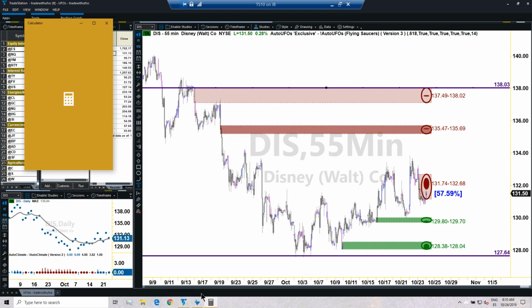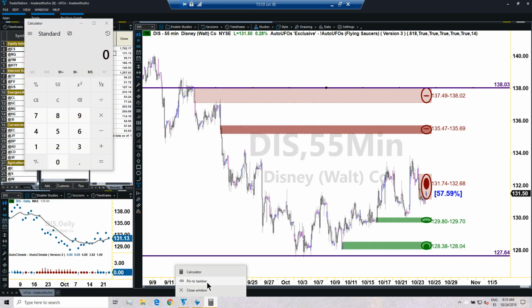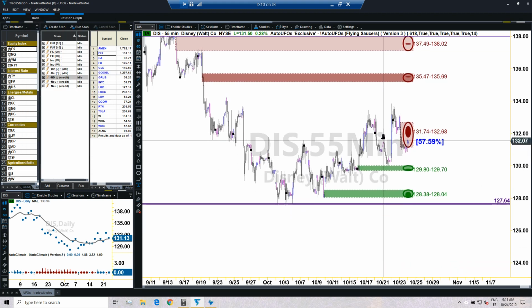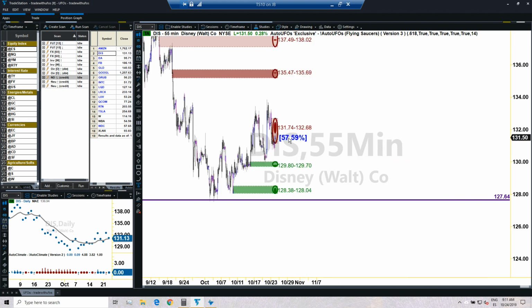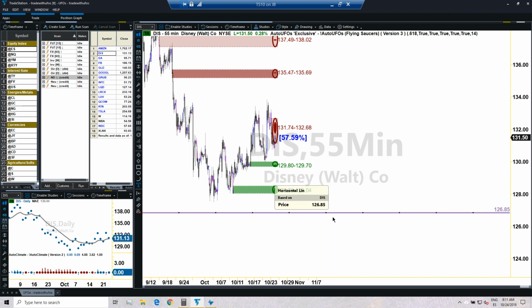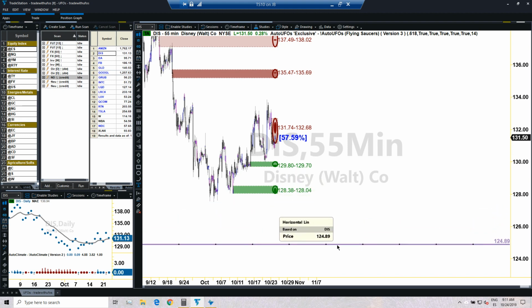If you look at 138 compared to the current price, which is 131.5, we're talking about $6.5. If I project this below, that brings the bottom line to ideally around 125. Now, it doesn't seem that we have anything around 125. That would be the ideal place.